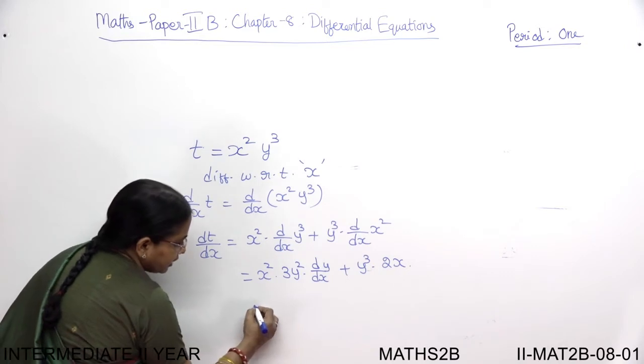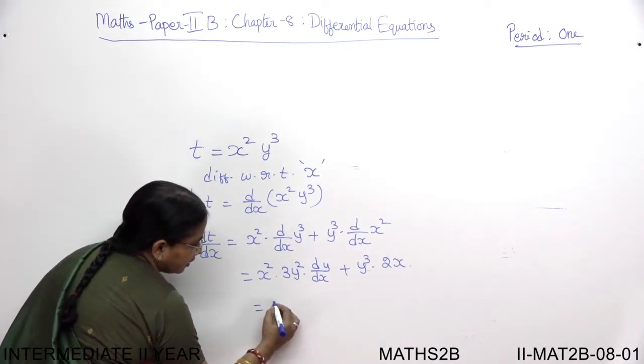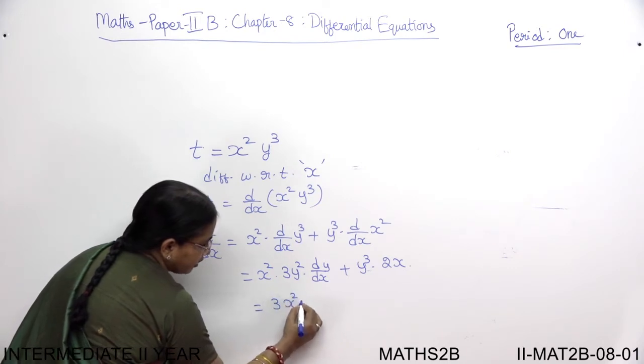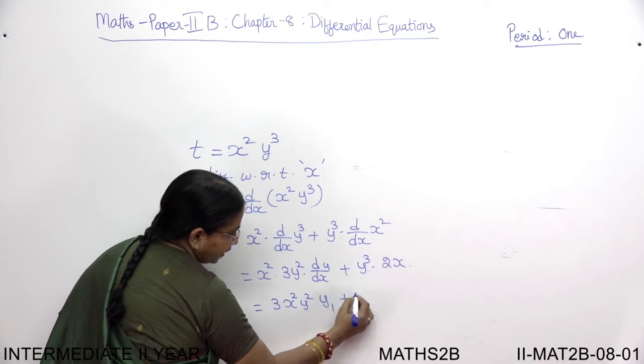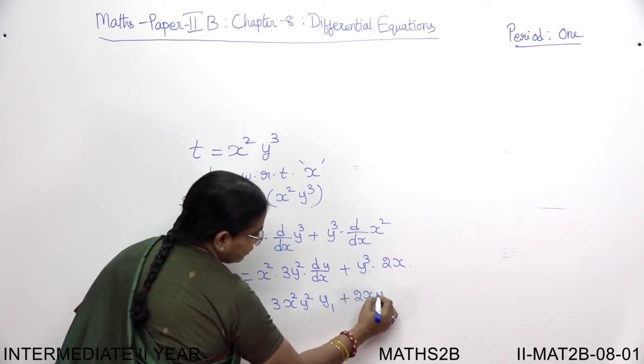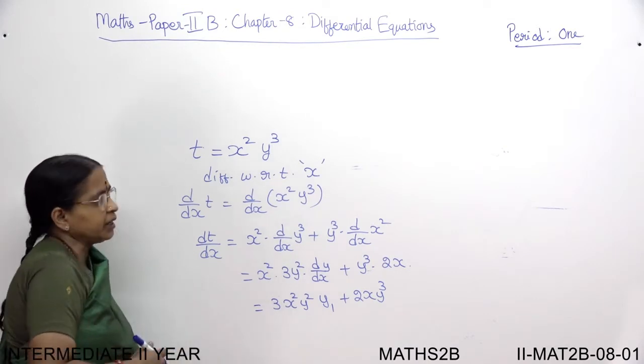So it is equal to 3x square y square, dy by dx I'll write as y1, plus 2xy cube. So this is dt by dx.